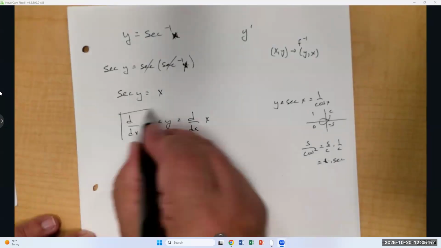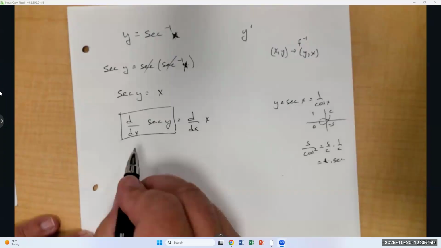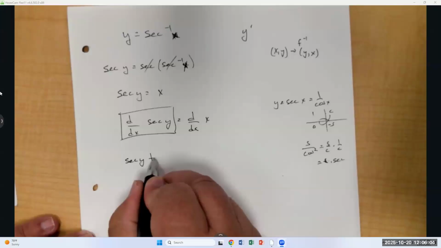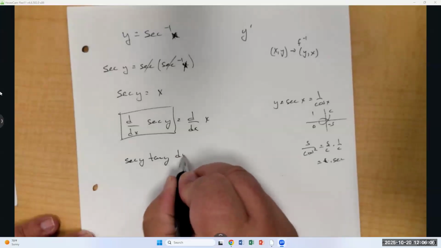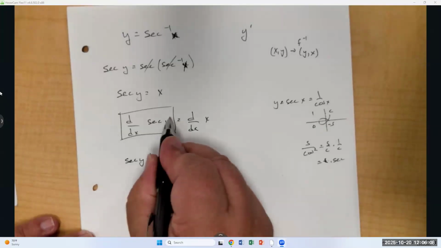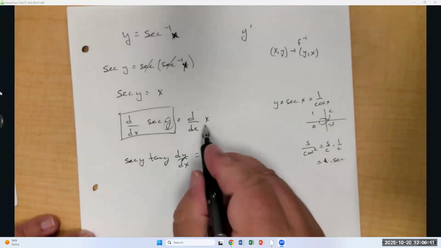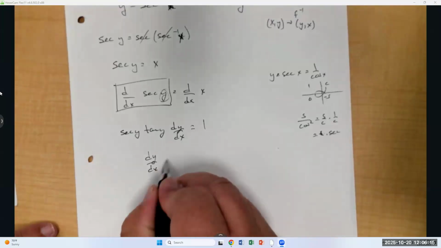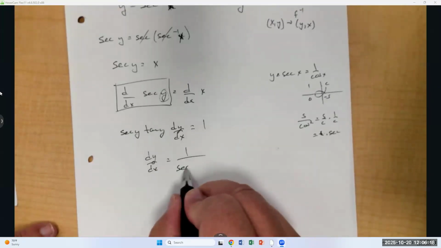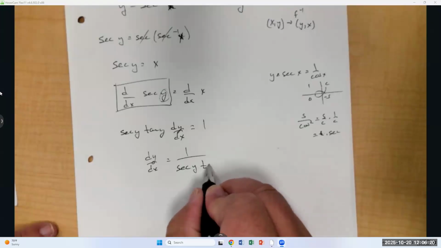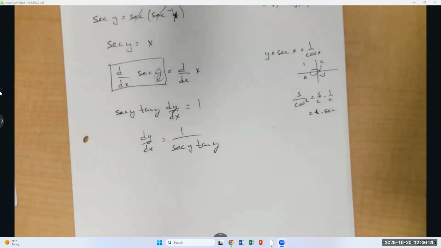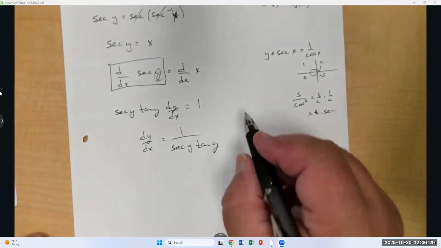So the derivative of this side is secant y tangent y dy dx, but we're taking with respect to x. The derivative of x is 1, so the derivative is 1 over secant y tangent y. But we're not done.